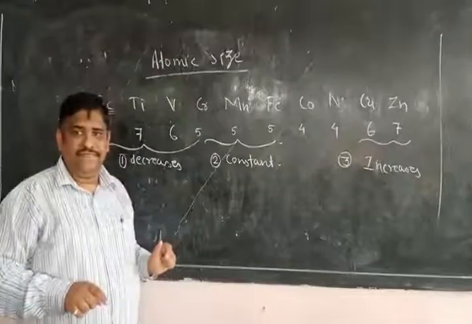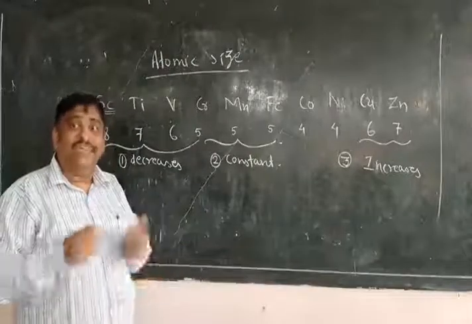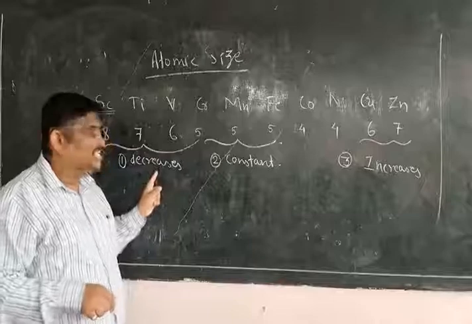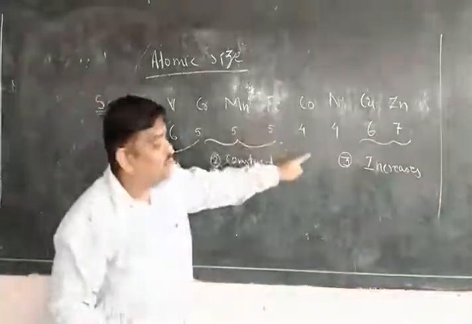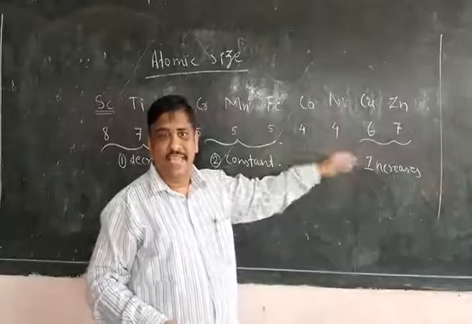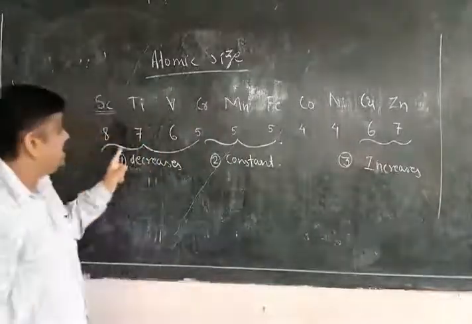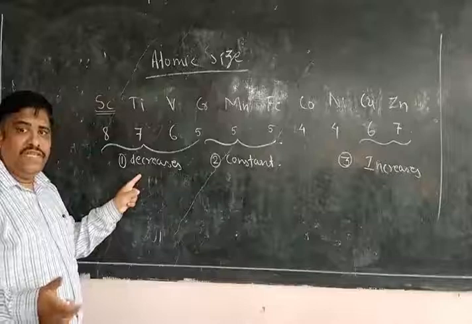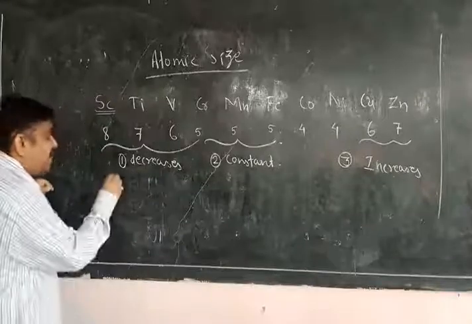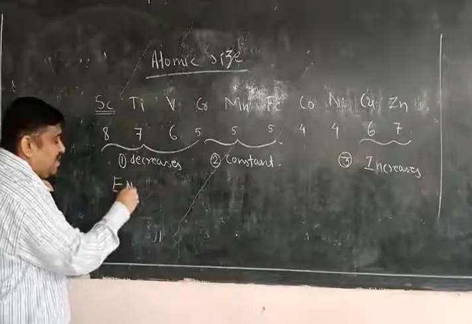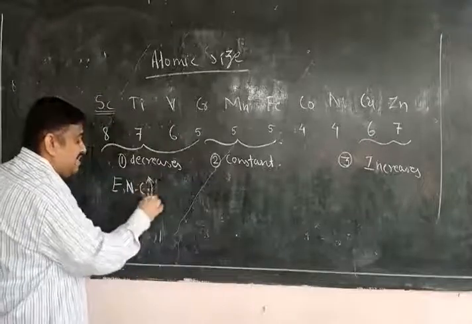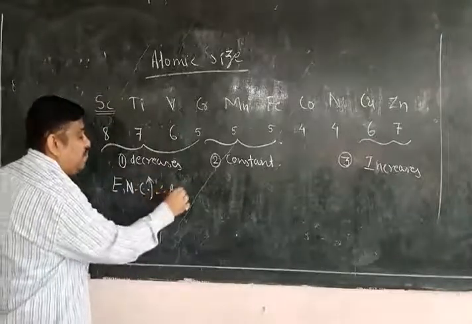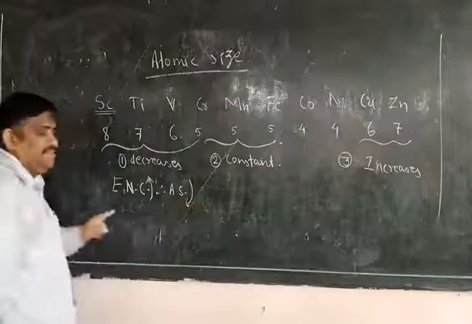Now let us discuss the reason why it decreases first, why then it remains constant, and why then it increases. When it first decreases, already you know, it is the general trend. Effective nuclear charge, ENC, increases, therefore atomic size decreases.